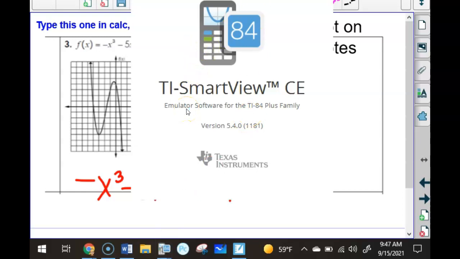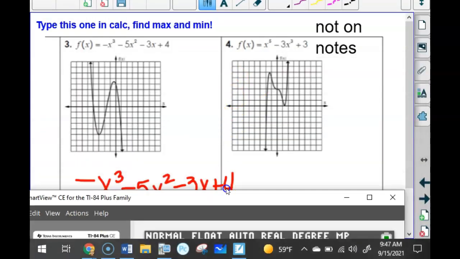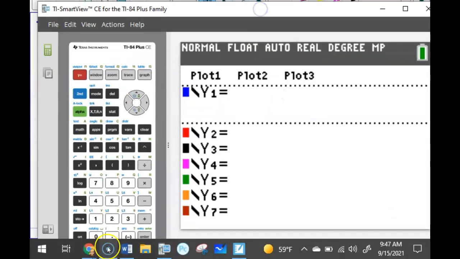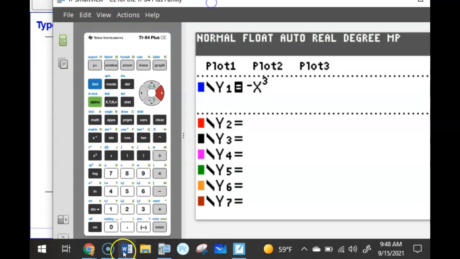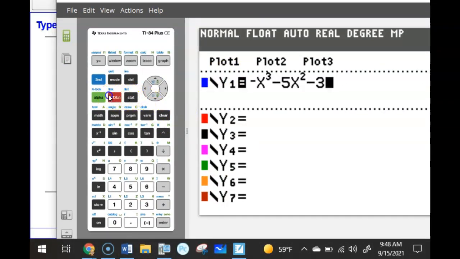Should be graphing this in y equals negative x cubed minus 5x squared, negative x to the third, arrow to the right, minus 5x squared, was it minus 3 something? Minus 3x plus 4.